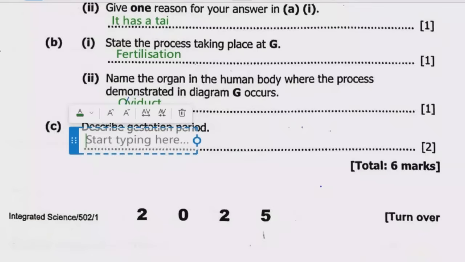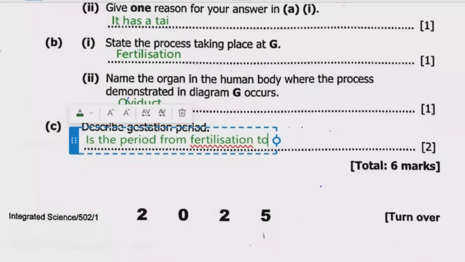So we can say gestation period is the period from fertilization to birth.